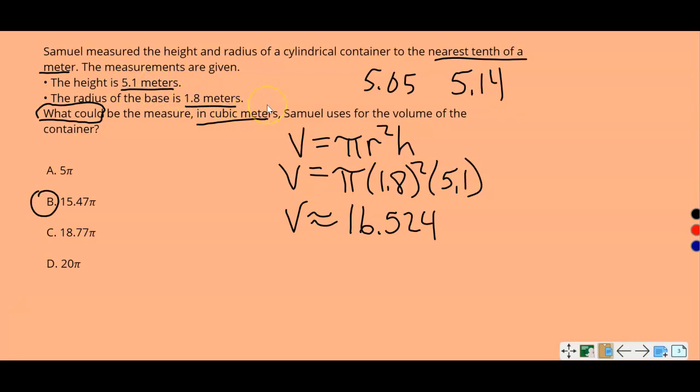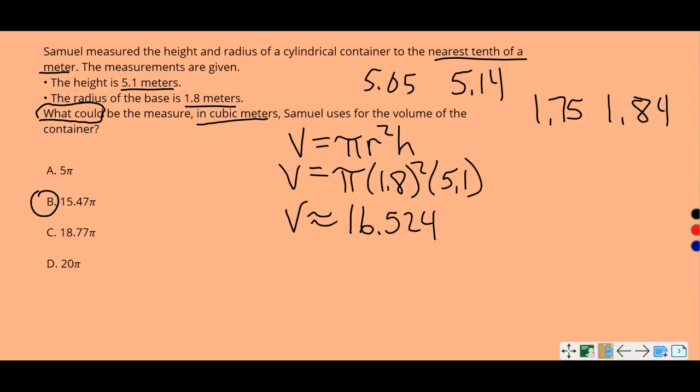And the next one, 1.8 meters, that could have been a range of 1.75 to 1.84. Again, if it's 1.75 or above, it would have rounded to 1.8, and if it's 1.84 or below, it would have rounded down to 1.8. So that range will give us maybe a more accurate picture of where this number came from.